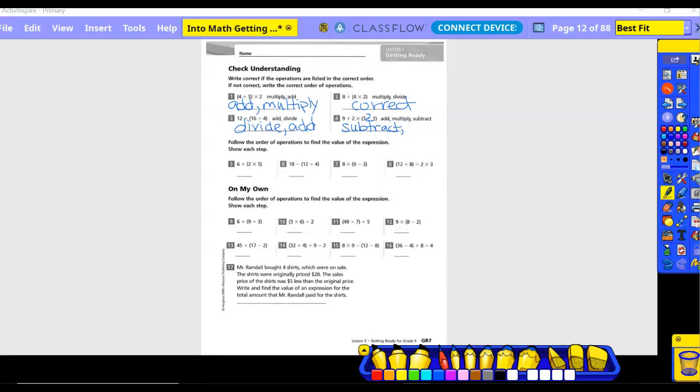I am not going to add next because PEMDAS, parentheses, exponents. Do we get rid of the parentheses? Yes. Now you go to multiplication, division. Do we get rid of that yet? No. So you would subtract, then you multiply, and then you add.